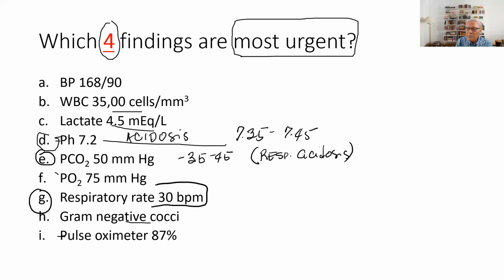See, 30 breaths per minute. That's high. That's tachypnea. And of course, the last one is the pulse oximeter reading of 87%. All these show hypoxemia, and therefore they're going to be worrisome.